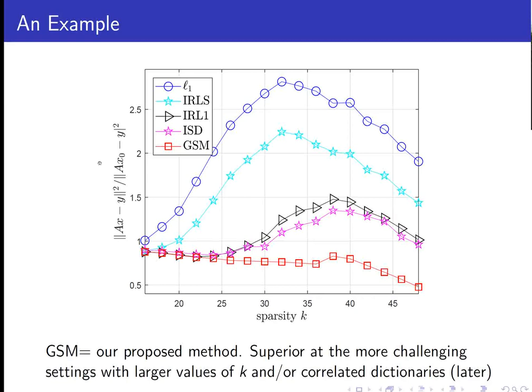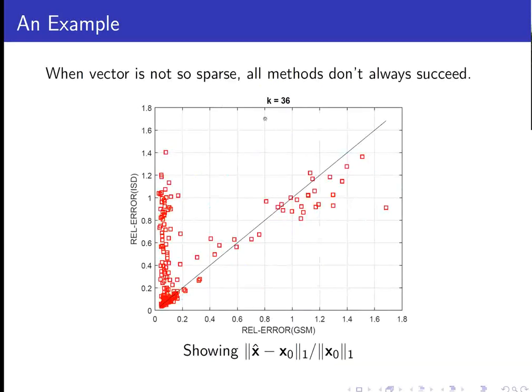This is a bit misleading. The y-axis here is the average error over many realizations. What I'm showing you here is that at a sparsity level of 36, here I'm showing you actually now the reconstruction error with respect to the true vector x0.